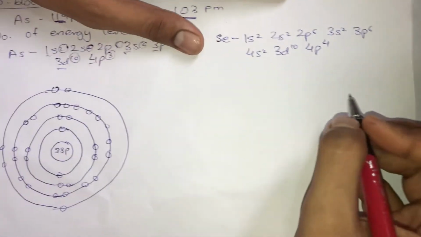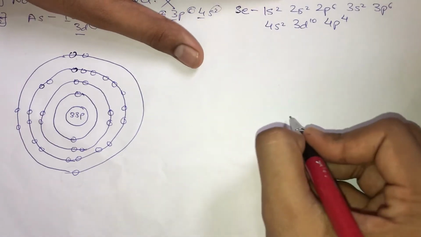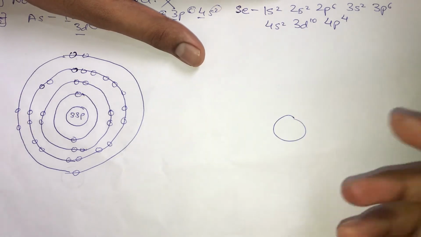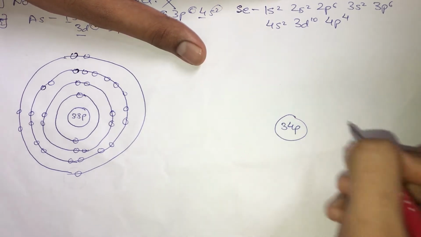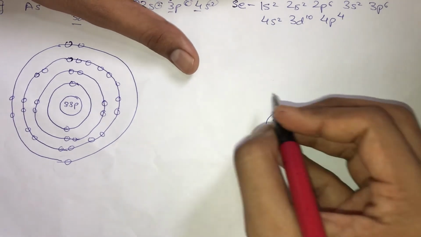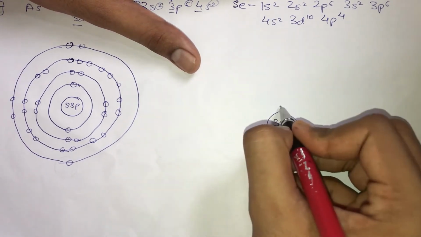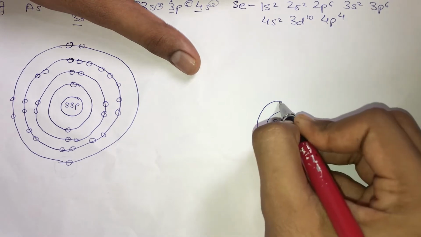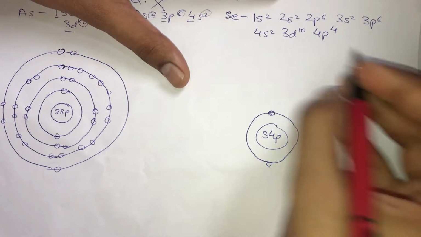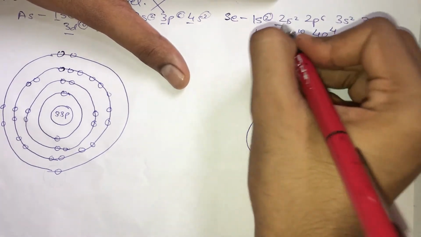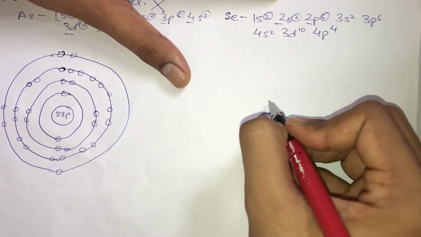I'm going to draw a nucleus, and inside the nucleus of selenium there will be 34 protons, because the atomic number of selenium is 34. Inside the first energy level there are 2 electrons. Inside the second energy level there are 2 plus 6, 8 electrons.